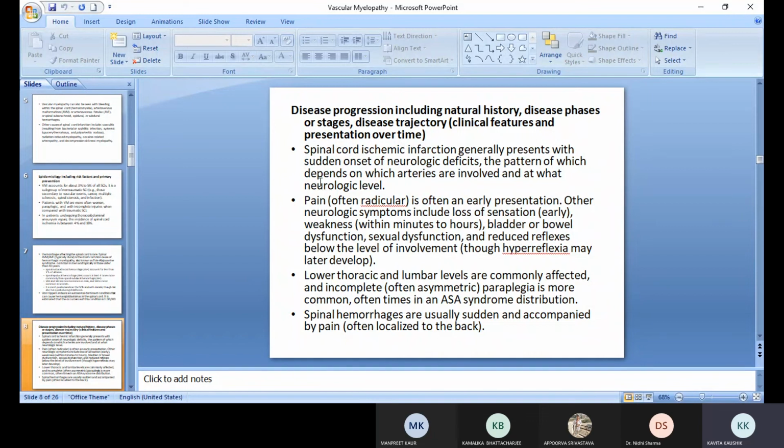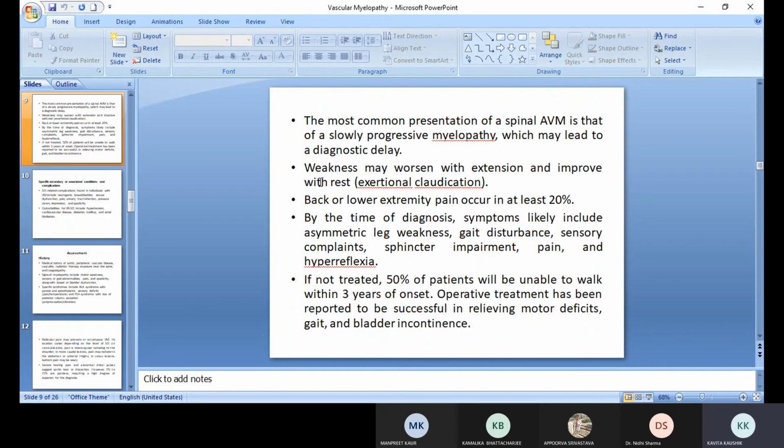Lower thoracic and lumbar levels are commonly affected, and incomplete paraplegia is most common, often in an anterior spinal artery syndrome distribution. Spinal hemorrhages are usually sudden and accompanied by pain, often localized to the back. Then the most common presentation of spinal arteriovenous malformation is slowly progressive myelopathy, which leads to diagnostic delay.